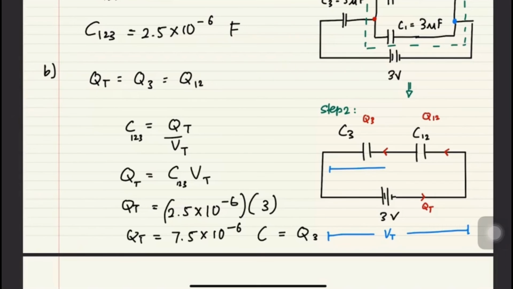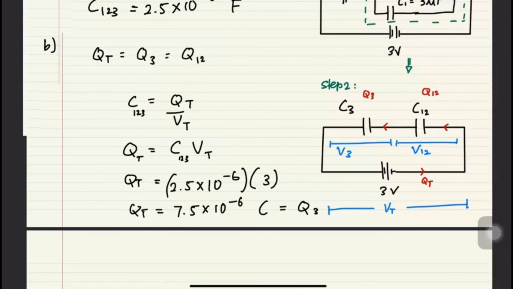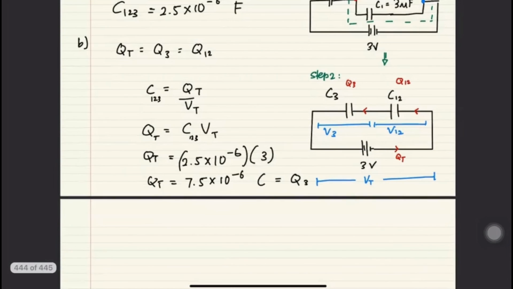So V12 dengan V3 dia sama ke tambah? Tambah. So V total sama dengan V3 tambah V12.